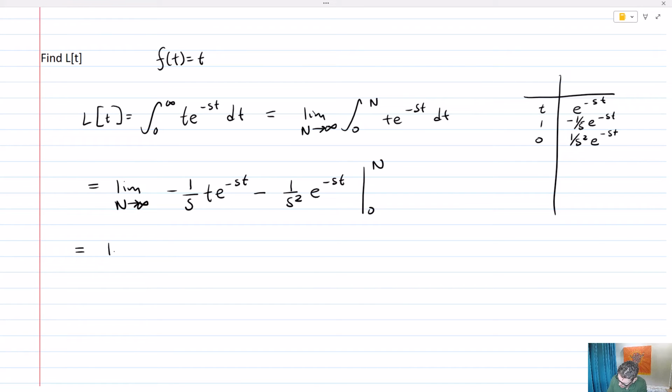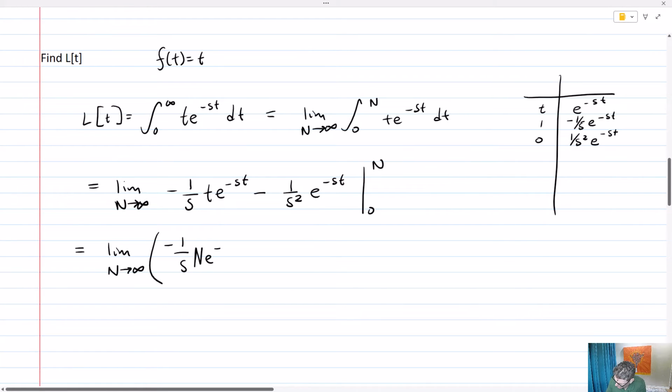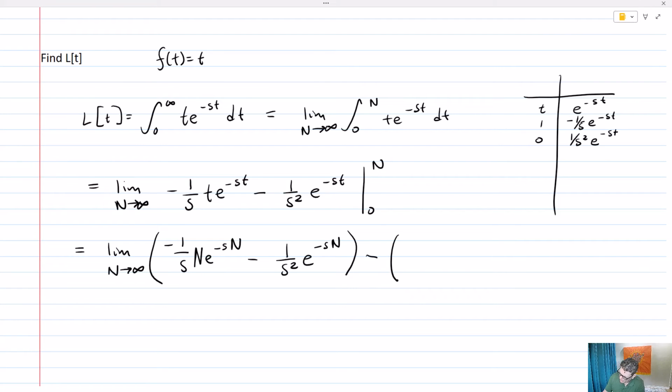This will then equal the limit as big N goes to infinity of this whole function, negative 1 over s, big N e to the negative sn minus 1 over s squared e to the negative sn, minus, and this will then be 1 over s times 0 times e to the negative s times 0 minus 1 over s squared e to the negative s times 0.